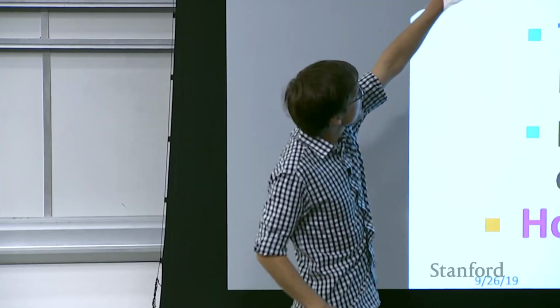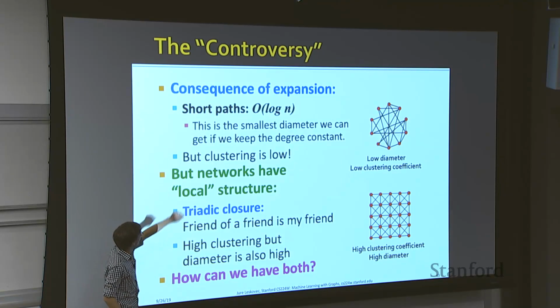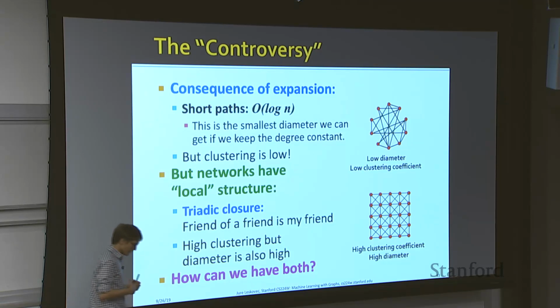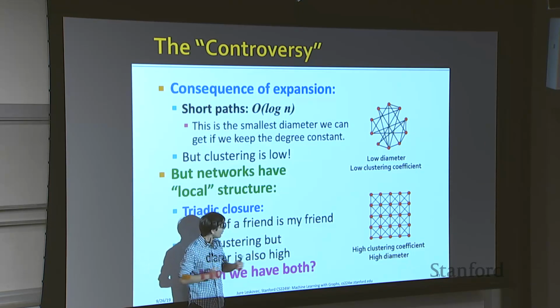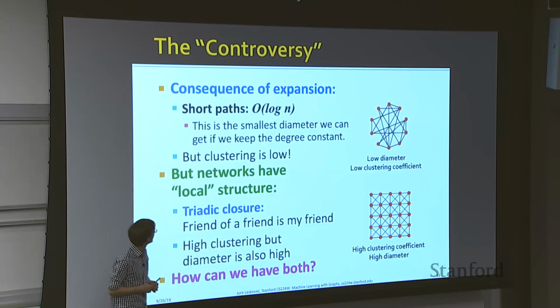The consequence of this expansion property I showed you before is that the diameter is small, right? So essentially, this is the smallest diameter you will get if you keep the degree constant. So if you want the shortest paths to be short, the best thing to do is to have a random graph. That's great.